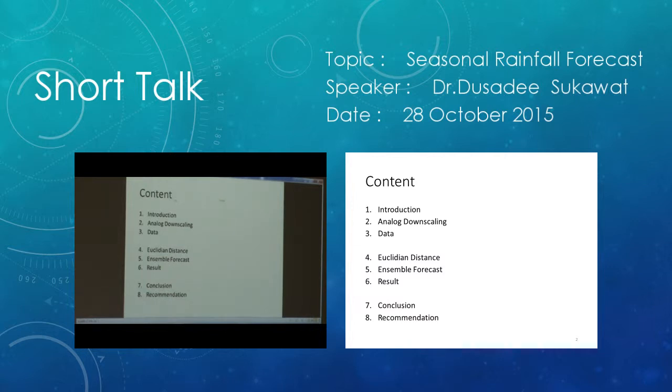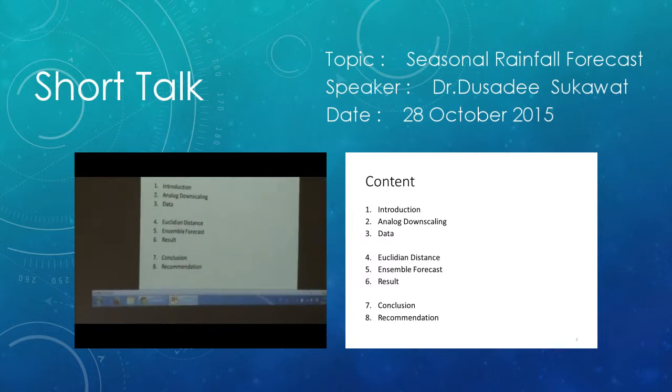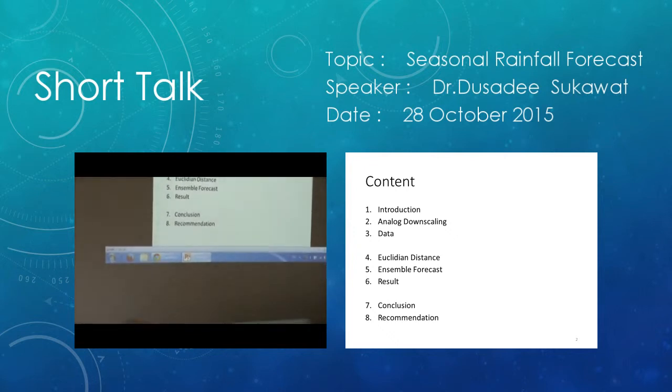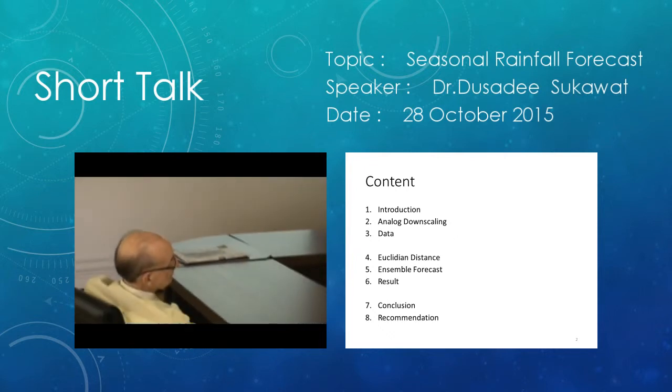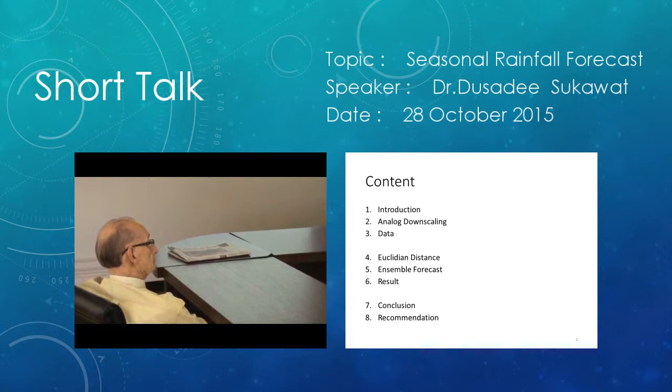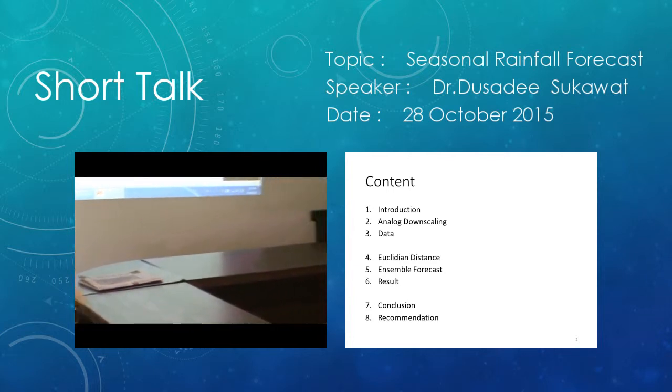Even today, they still use the statistical method, but their statistical model is really complicated and has to be changed every 2 or 3 years because they found that the statistical method is not valid for a very long time. So they have to keep updating.